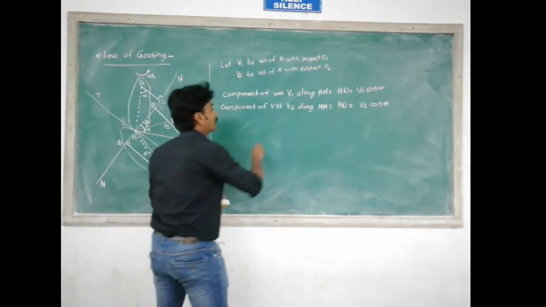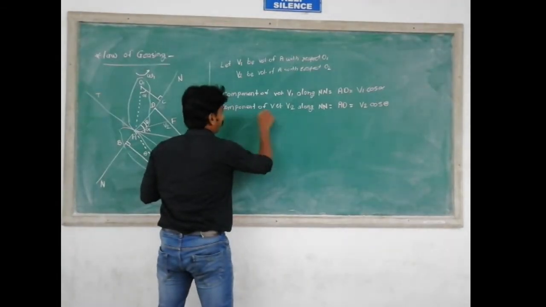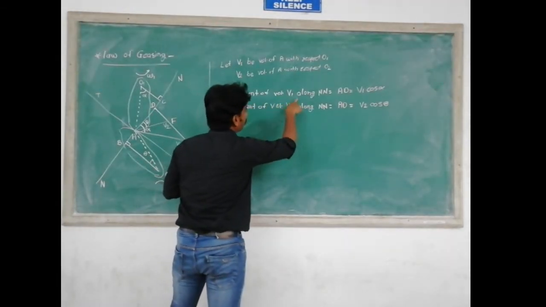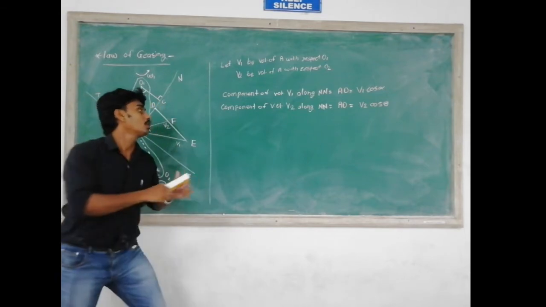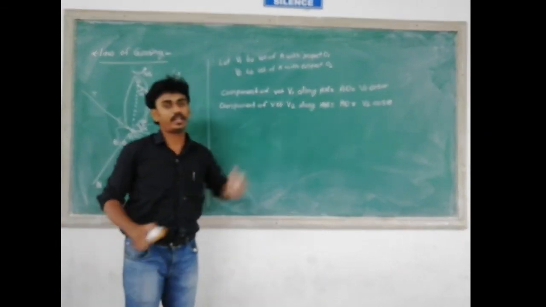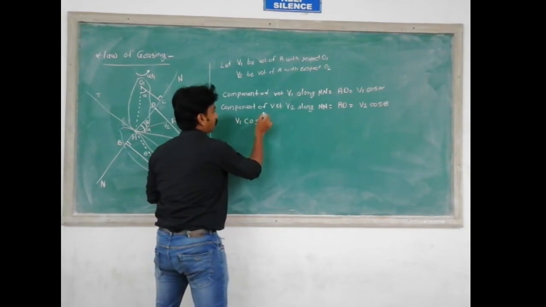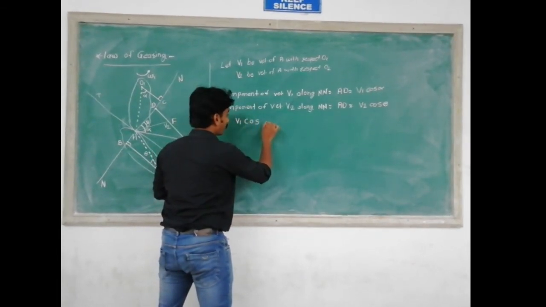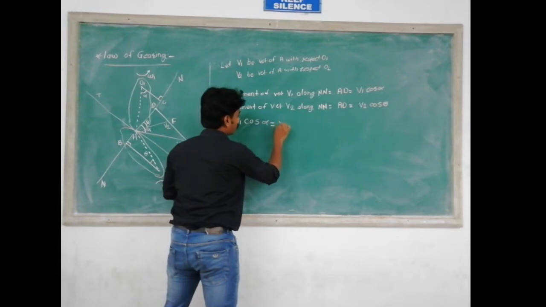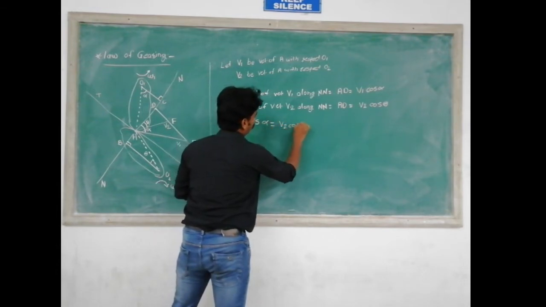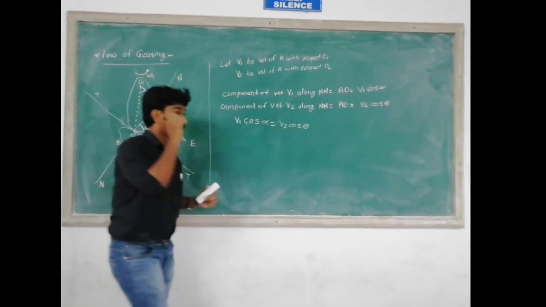Means what? The component of velocity V1 along nn equals the component of velocity V2 along nn, means V1 cos of alpha is equal to V2 cos of theta.